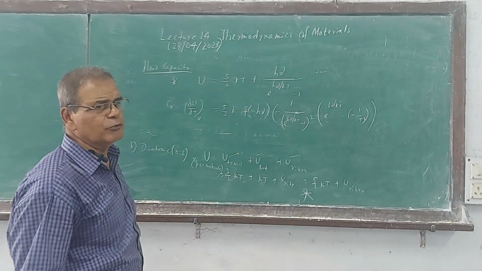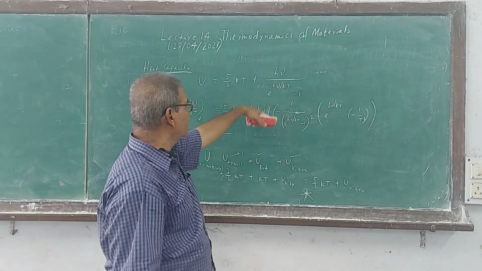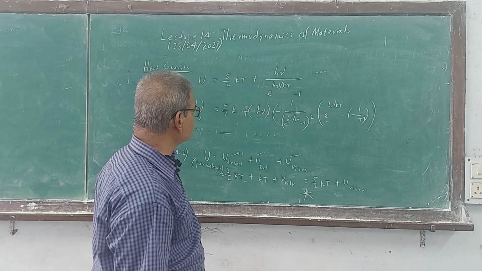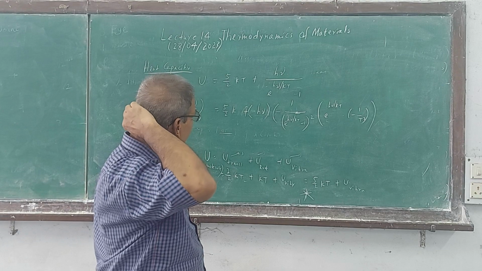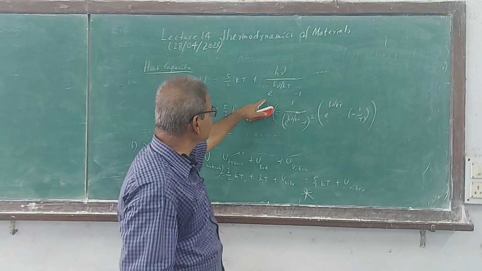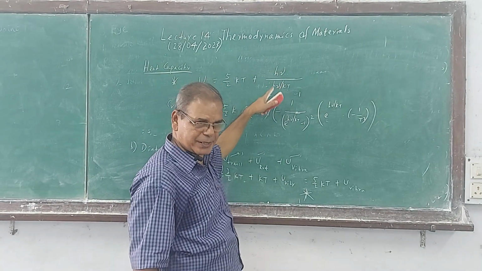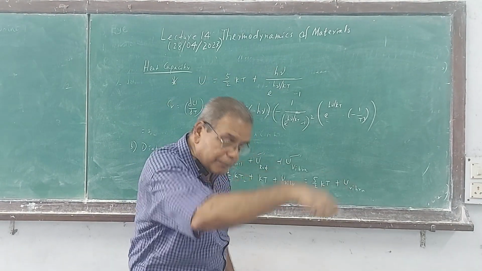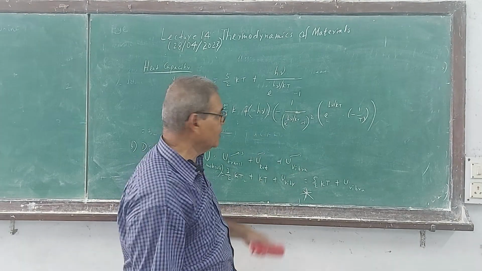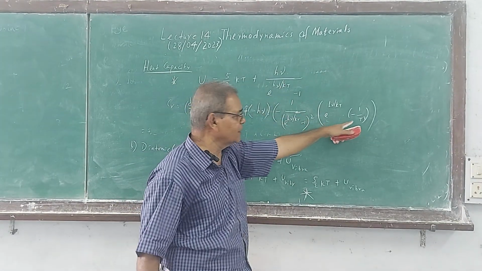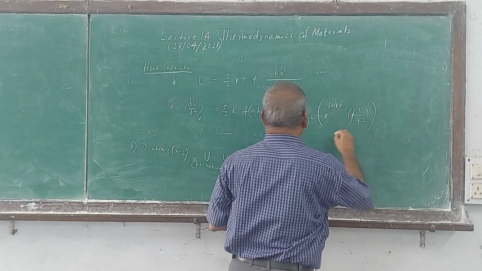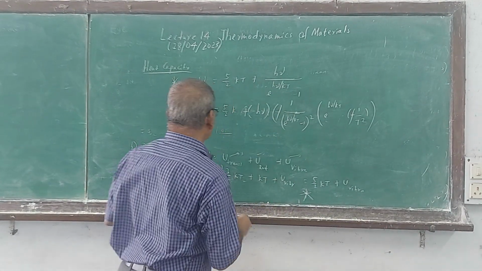The d/dT of e to the power mx is e to the power mx first times d/dx of mx, which means m. Here d/dT of 1 by T is minus 1 by T square. I think correct. So first of all, this minus and this minus easily cancel out. So a little bit of rearrangement.